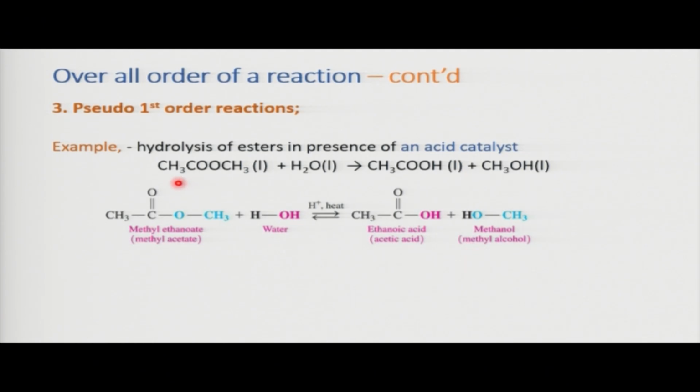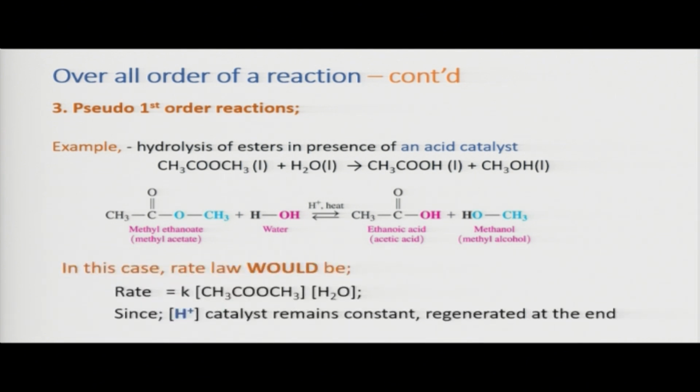We have two reactants, ester and water, indicating by our second order expectation, this rate of reaction should be affected by both ester and water. Do we see that? Because we have two reactants. Since they are involved in a reaction, then they are supposed to affect the rate of reaction. This is what would be expected.